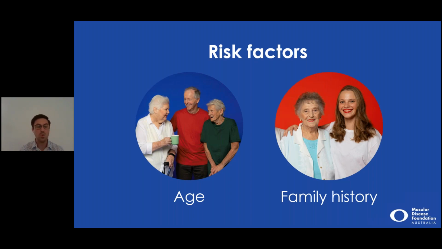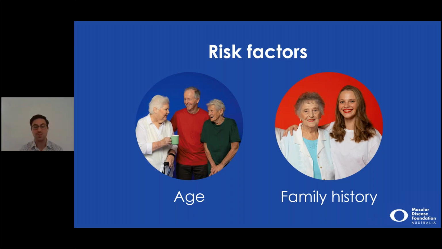Another strong factor is family history: if you have a parent or sibling who's been diagnosed with AMD, there is a 50% chance that you will also develop the condition. Therefore, if you have been diagnosed with any stage of macular degeneration, you should inform your siblings and your kids. Unfortunately, these are two risk factors we can't do much to change.